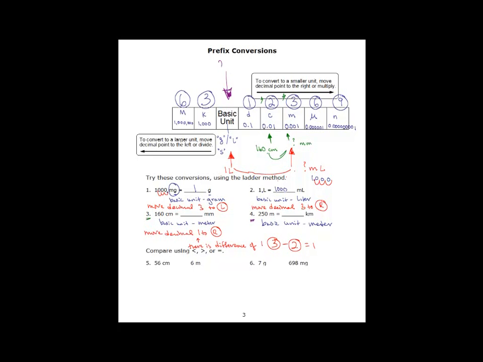So we have 250 meters, and we need to get to here. So how many kilometers? So we're going to look at the number above kilo, and it's 3. So we're going to move the decimal 3. And since it's to the left of the basic unit, we're going to move it 3 to the left.